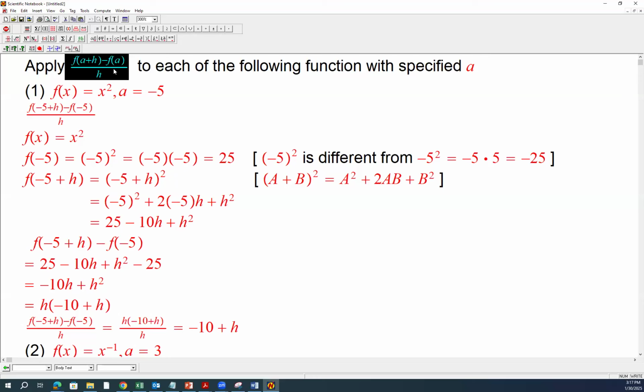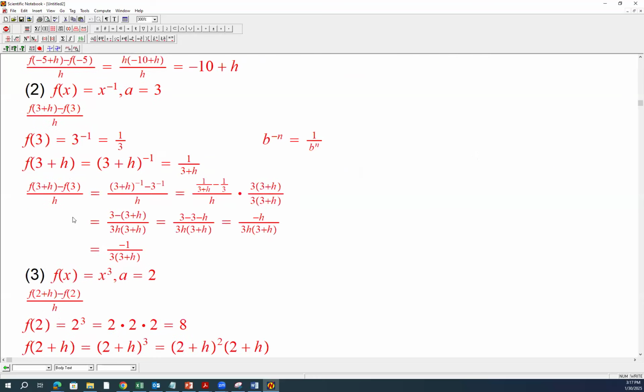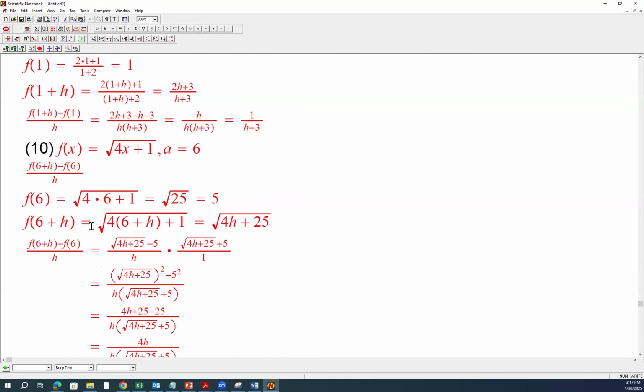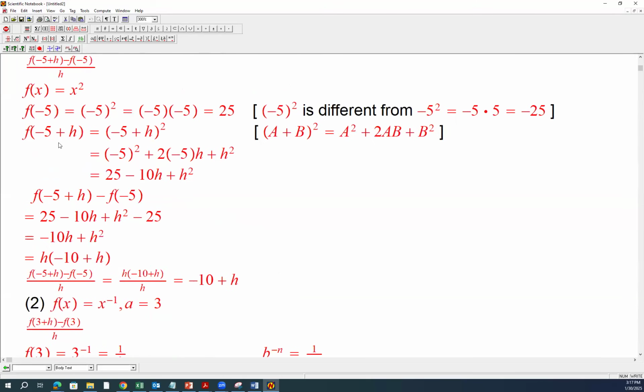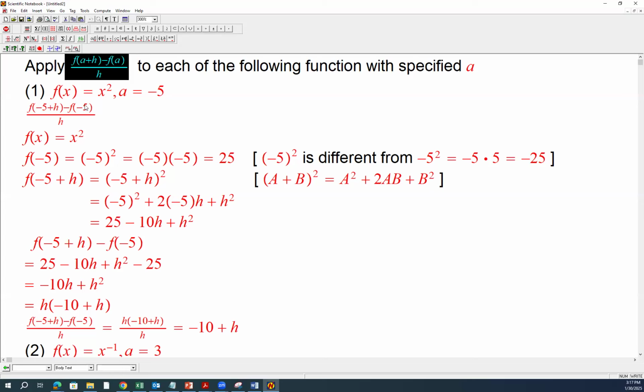For all 11 questions, what we have done is to factor the numerator such that it will cancel out the h in the denominator, or reduce the h. That's the common goal. And in calculus, you're going to do that one time over, or more times over.